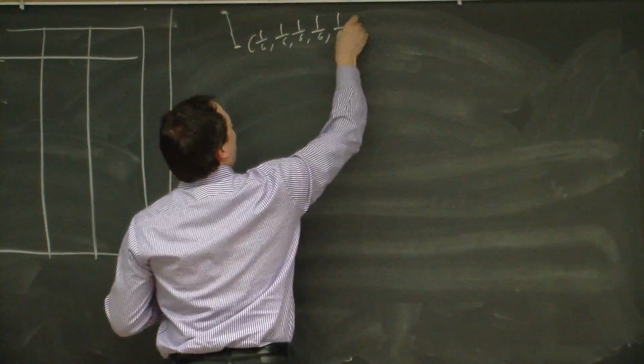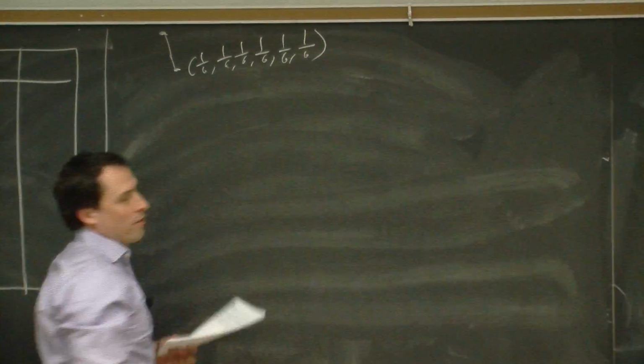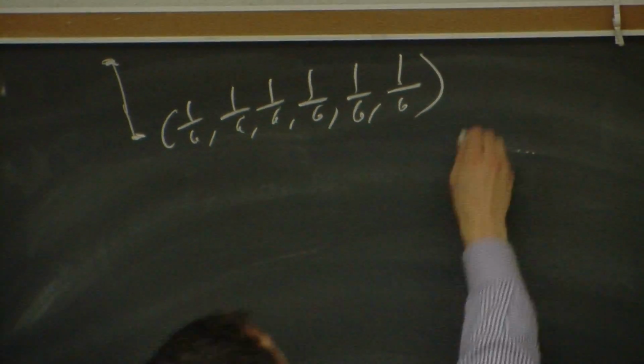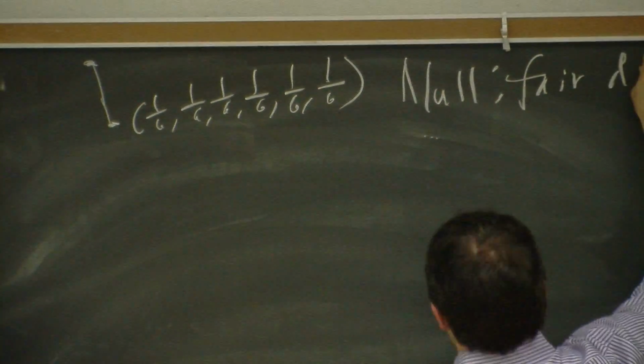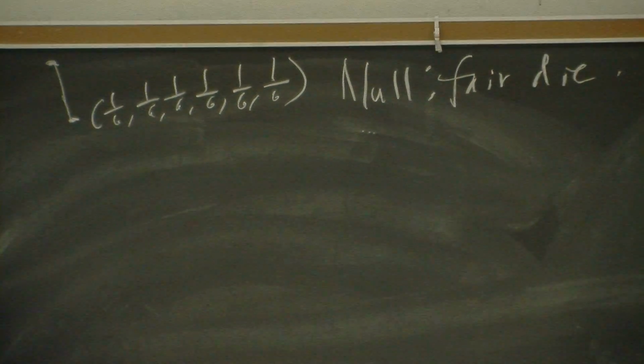That is, our null hypothesis is that the die is fair, and we'd like to test that null hypothesis.